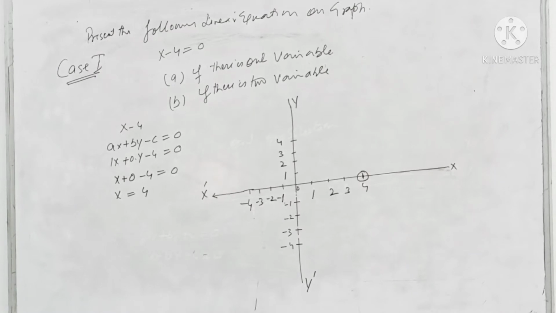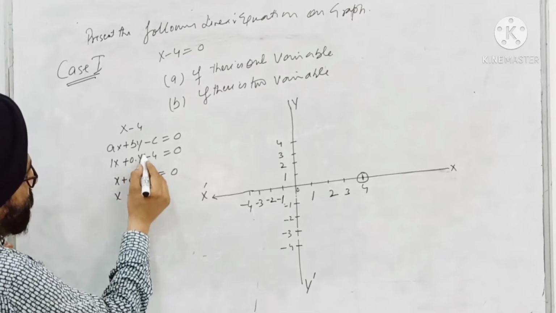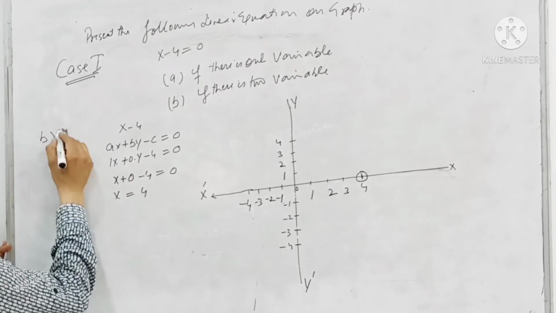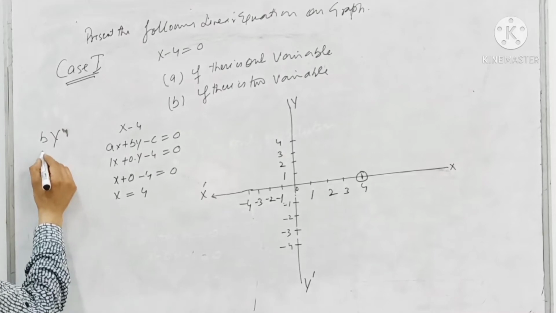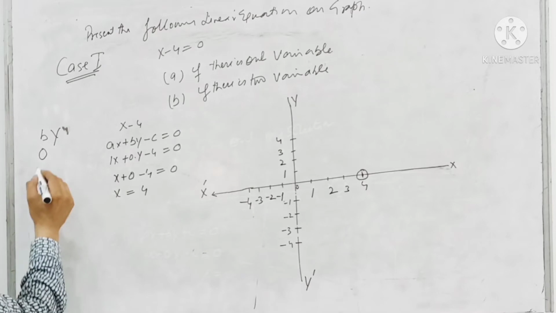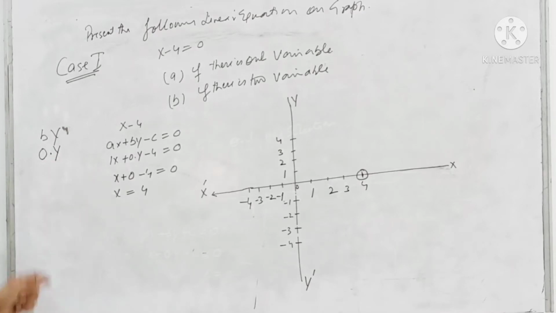The value of b is 0, but we don't know the value of y. The value of b is 0 because it is not given, but the value of y is infinite.